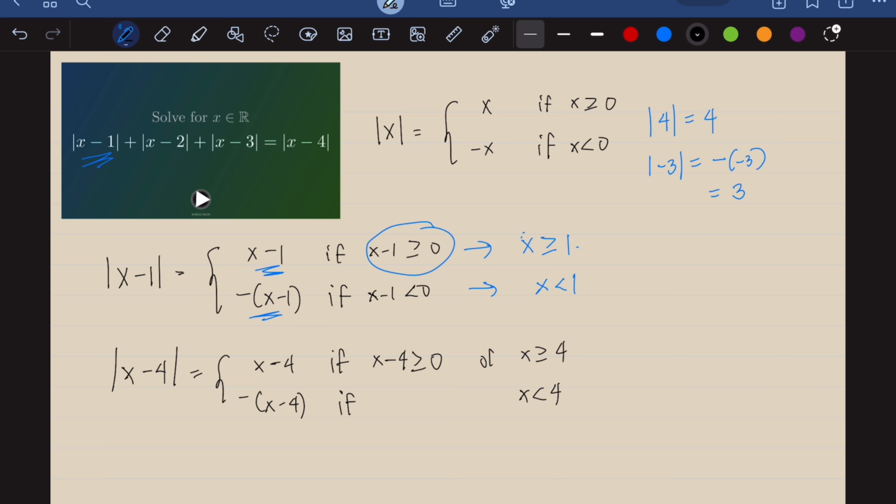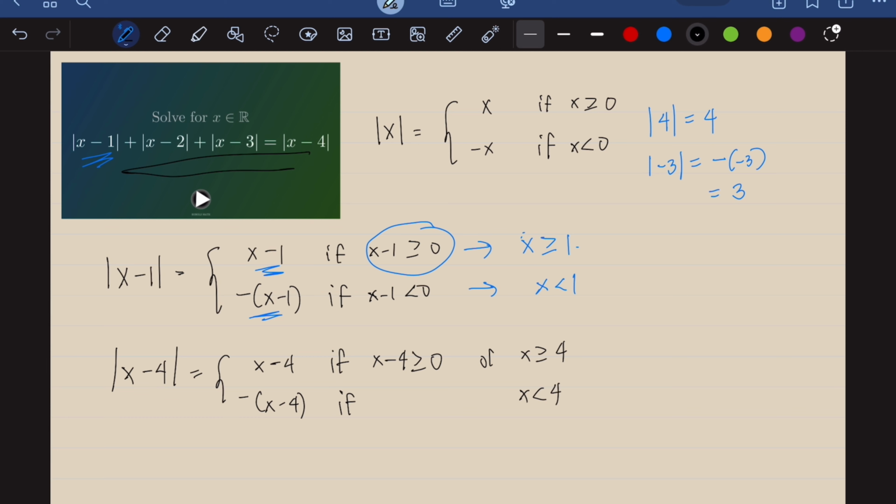So these are the conditions or the equivalent expressions for the absolute value. We do this because we want to break this entire equation down into several cases depending on where we evaluate the expressions.